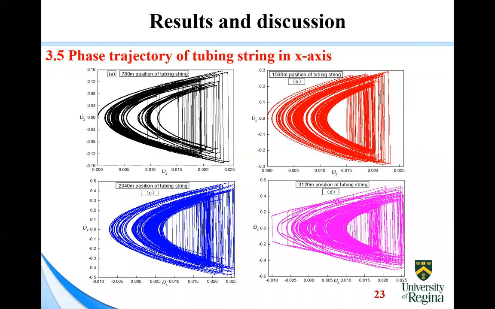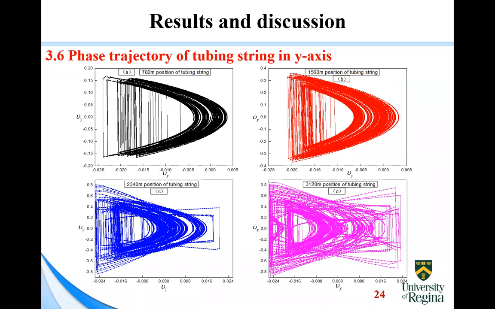And also we can get the phase trajectory of the tube string in different directions. First is the x-axis. We can see, according to the contact of the tubing and casing, the tubing string is more and more complex. We can also see in the charts that the Y is more complex too, because it is in contact with the casing.